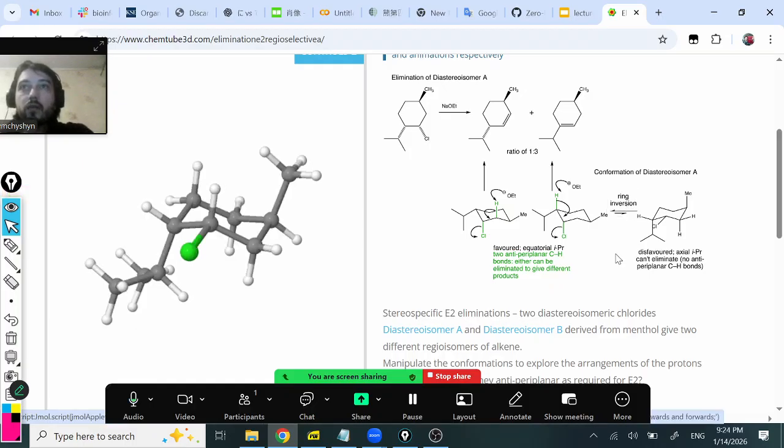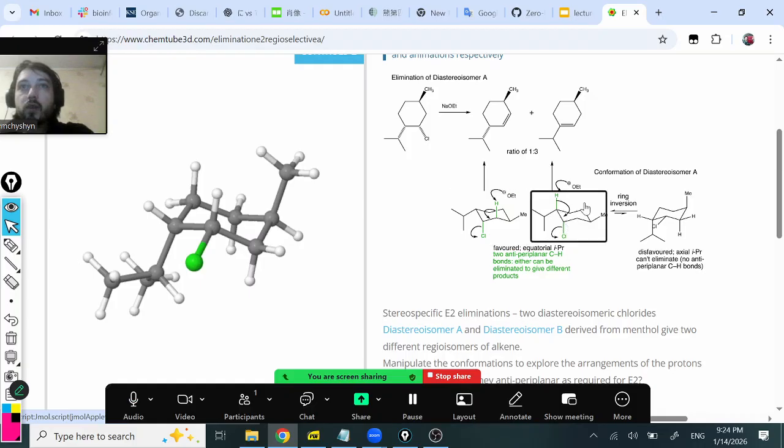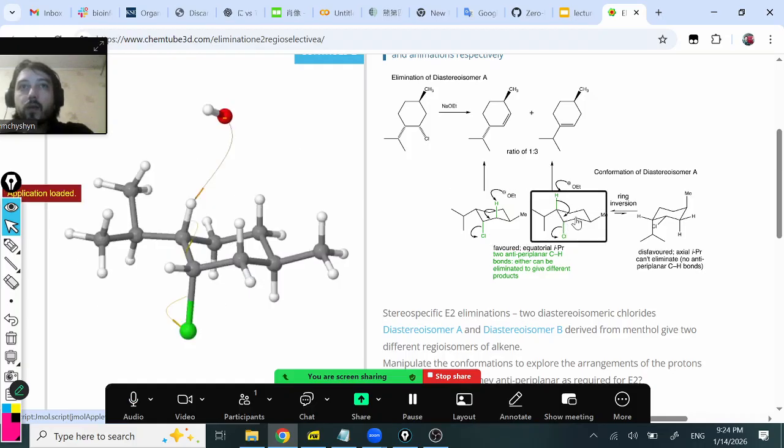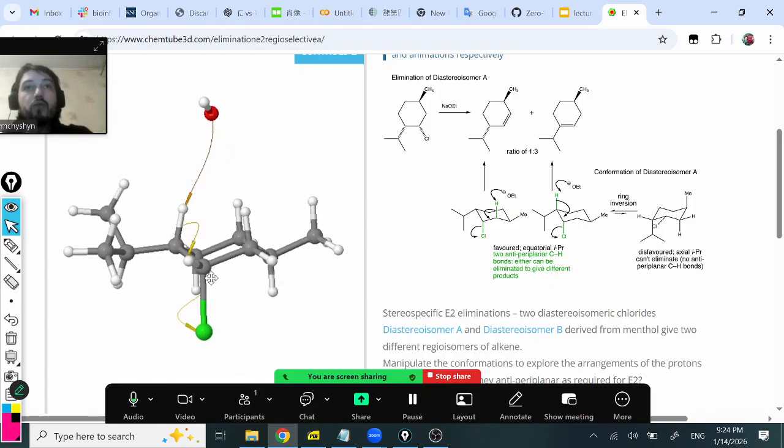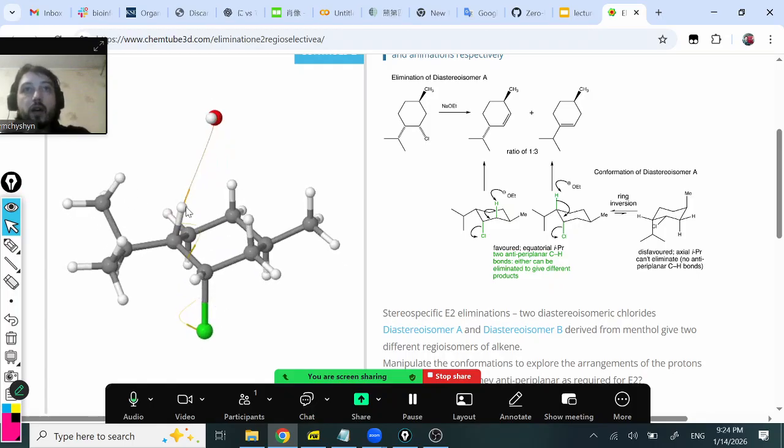Here you have, no, this does not work, too bad. Here you have chlorine in axial position, so now you can do that only with the hydrogen that is in axial position as well. Let's perform that.